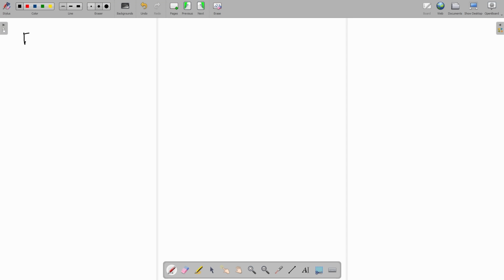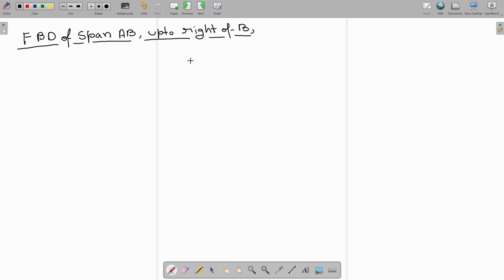FBD of span AB up to right of B. Now for the diagram.